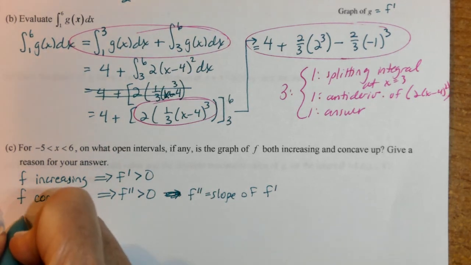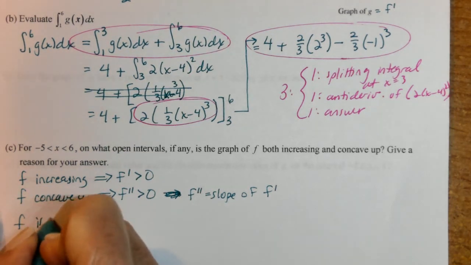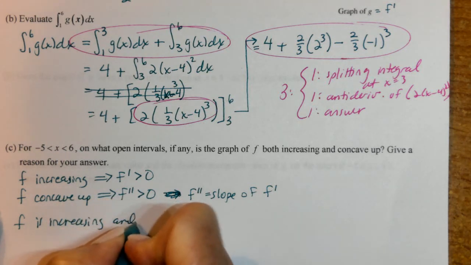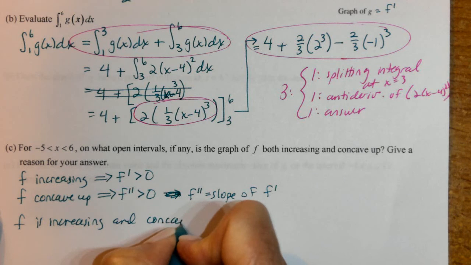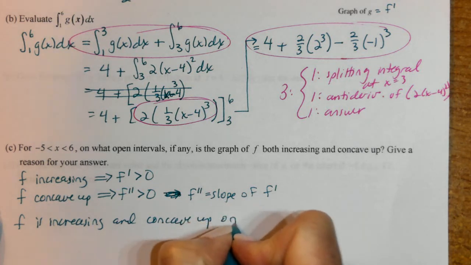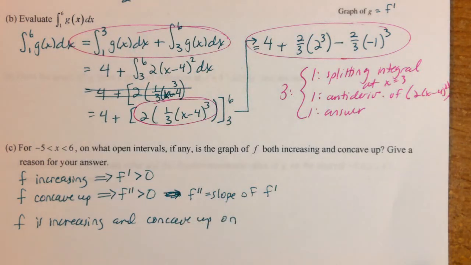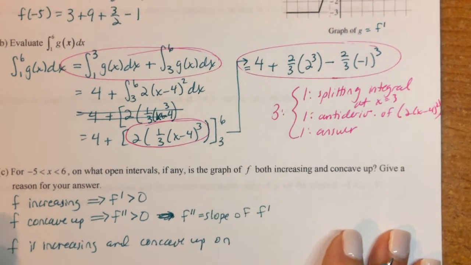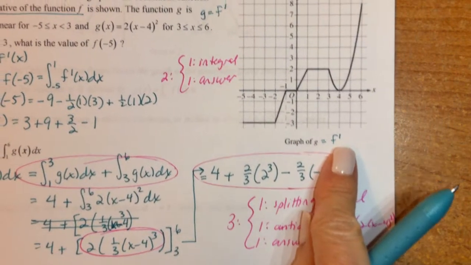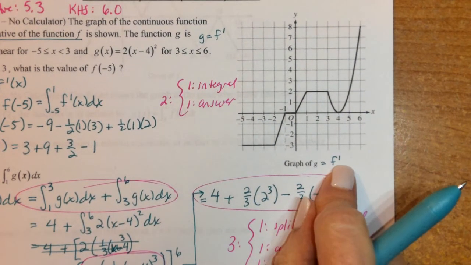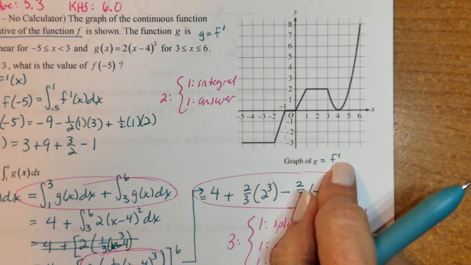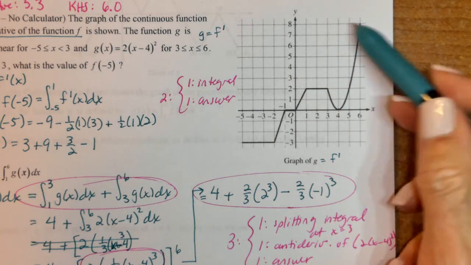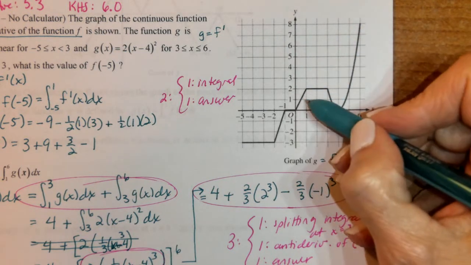So, f is increasing and concave up on, all right, so I want f prime to be positive and f double prime to be positive. So I want this graph to be positive, and I want the slope of this graph to be positive. Well, the graph is positive above the x-axis, and I'm going to look for the positive slopes.